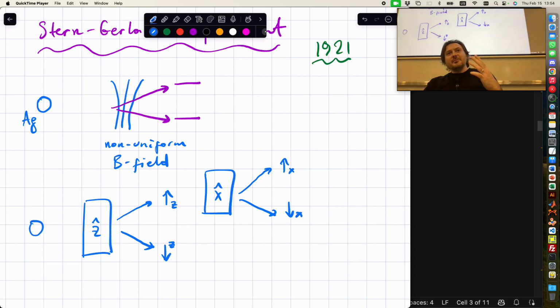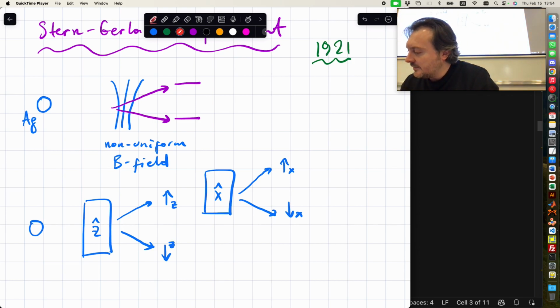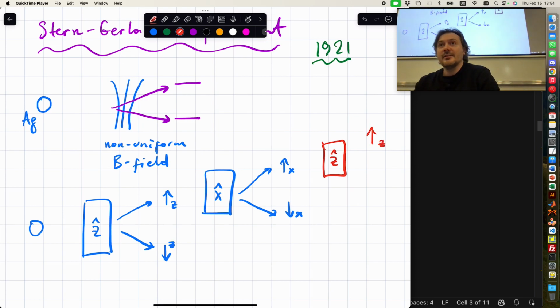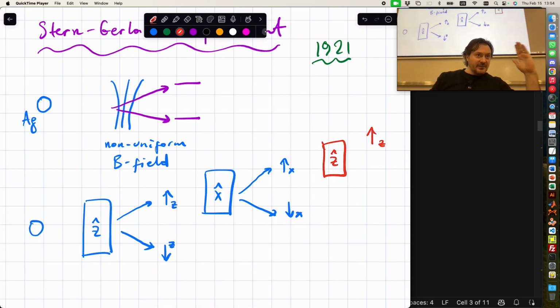Do we agree that before entering the X measurement, it was at least up? Let's at least expect that if I do a Z measurement here, it will be 100% up Z, because it entered up in the Z direction.